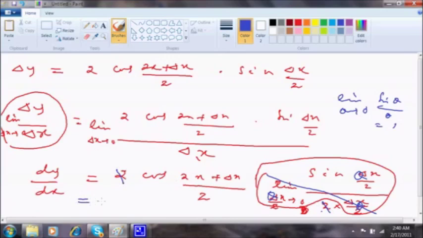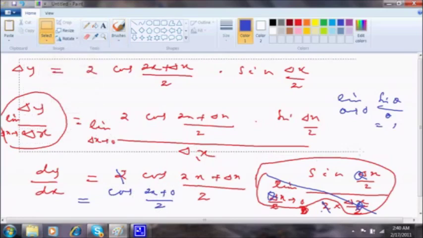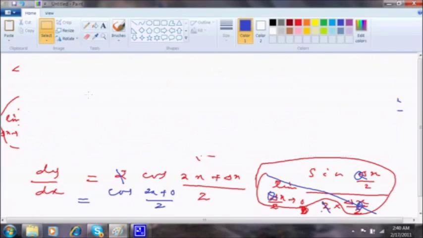And finally I will put the delta x value as 0. This is cos (2x plus 0)/2. So that's equal to cos 2x by 2, and this is cos x.